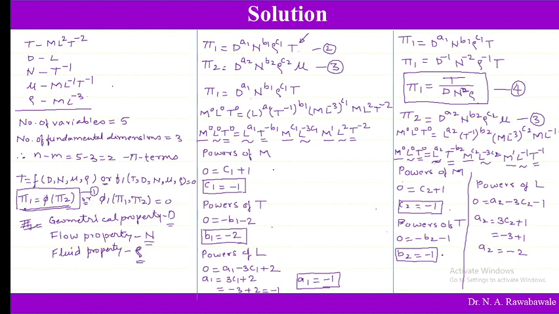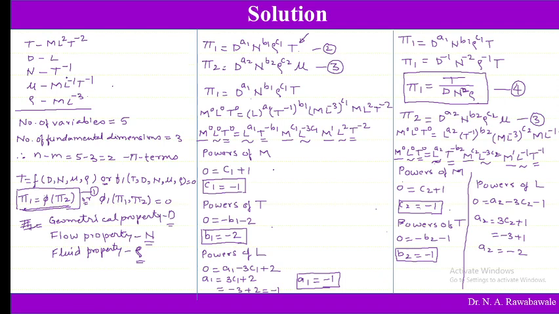Okay, so coming to this next slide, the A2 value which we obtained is -2, B2 value we obtained is -1, C2 value we obtained is -1.